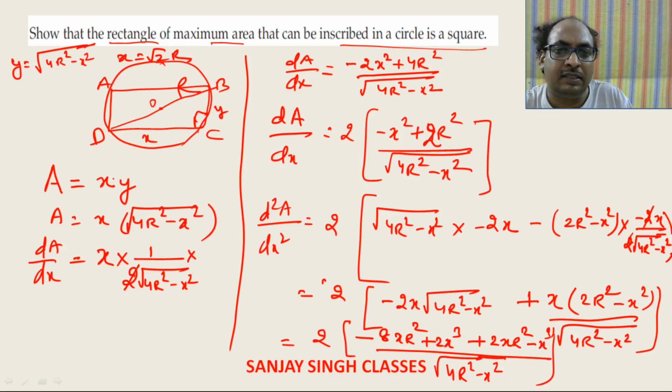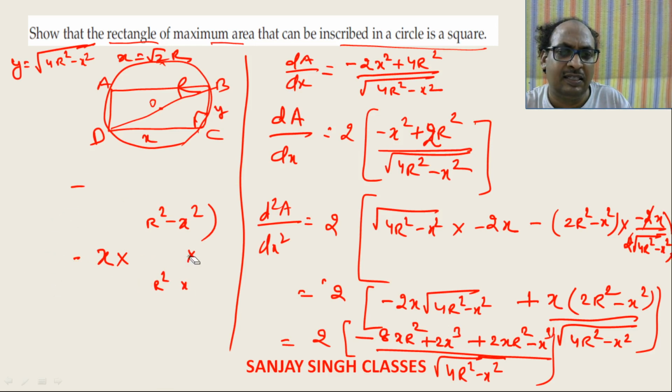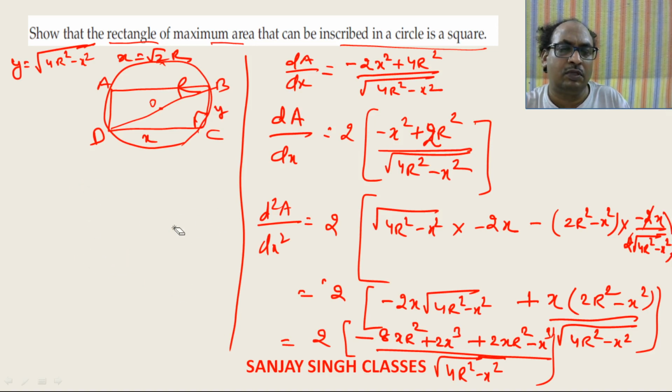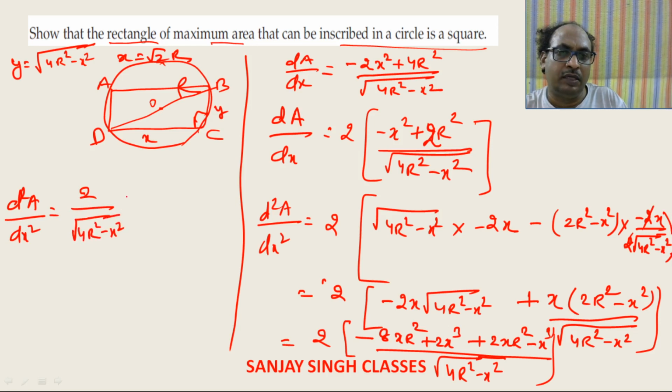Let us remove this part here. Correct. So we have found d square a by dx square as 2 by whole root 4r square minus x square, then here minus 8xr square and 2xr square gives minus 6xr square, and 2x cube minus x cube, so plus x cube.